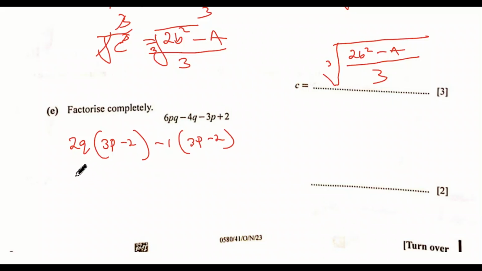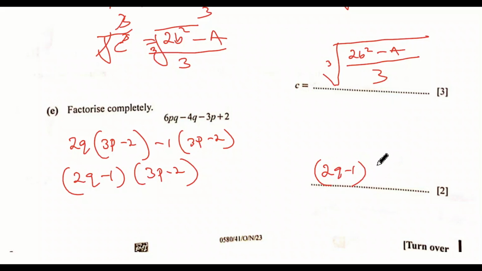So we can now take this 2q minus 1 then into 3p minus 2. So that is the complete factorization of this expression. So that means we have 2q minus 1 into 3p minus 2. So let's go to the next question.